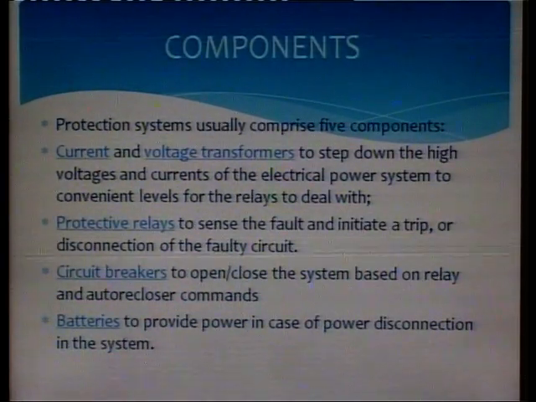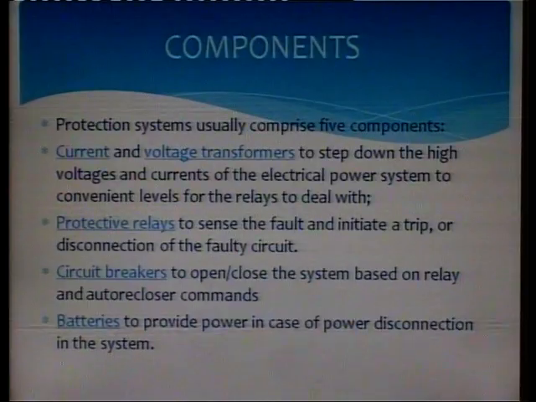Next are the various components of the protection system. The protection systems usually comprise mainly 5 components. The first main protection components are CTs and PTs, that is, current transformers and voltage transformers.